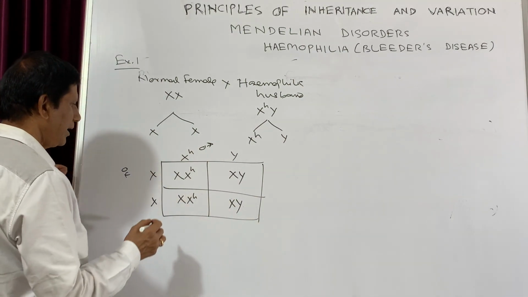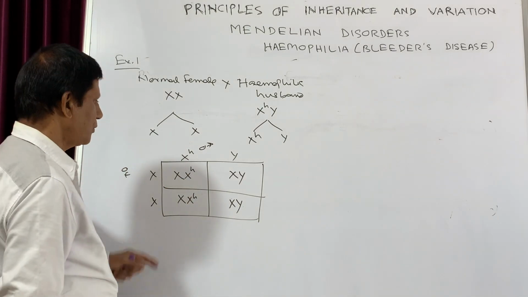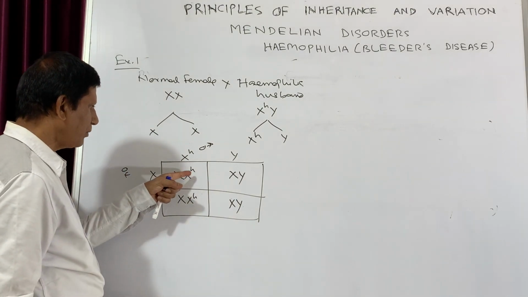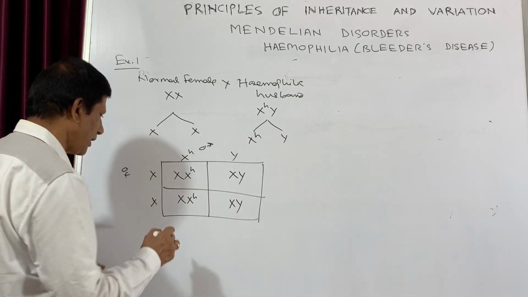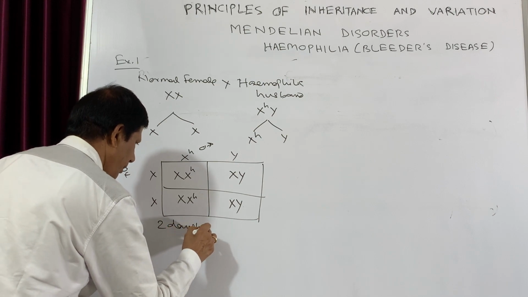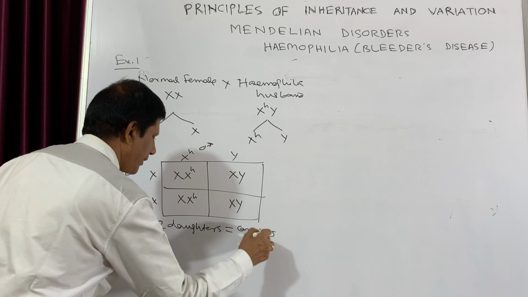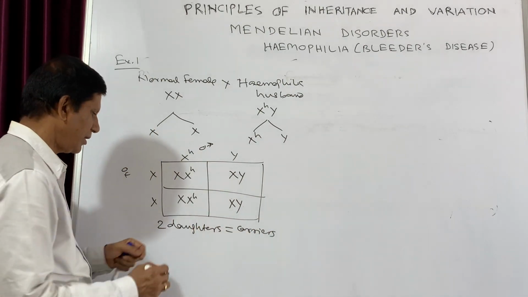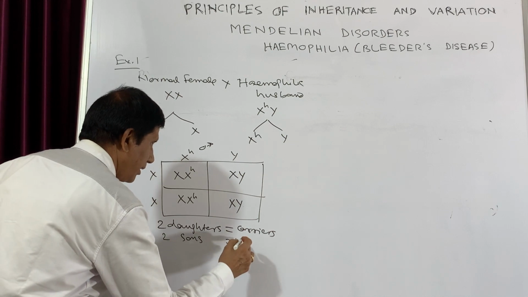Now you see, where double X are there, they are daughters. In the daughters only one X chromosome has that gene. That means both the daughters are carriers. And what about the sons? The two sons are normal.